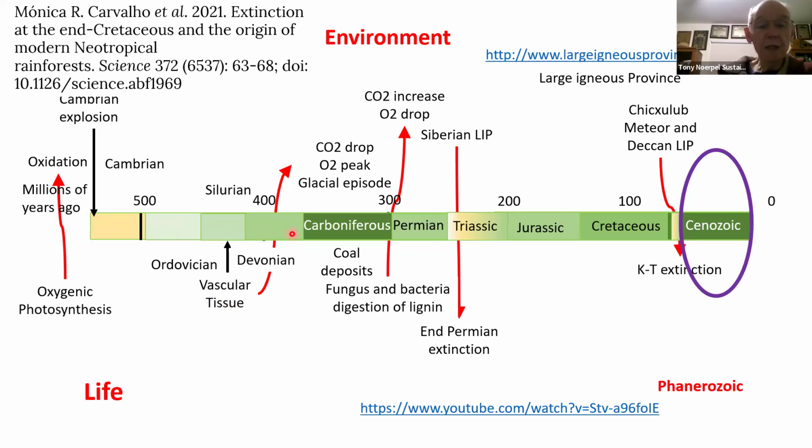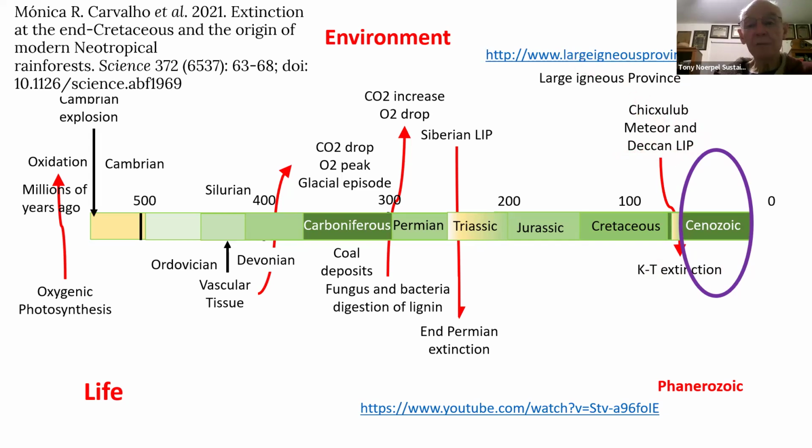This is a timeline. We covered all of this. I think we got to about here, Cretaceous. And this was a major extinction event called the KT extinction. And it was caused by a meteor which landed in Chicxulub, Mexico, and nearly simultaneously volcanism, the Deccan Large Igneous Province.